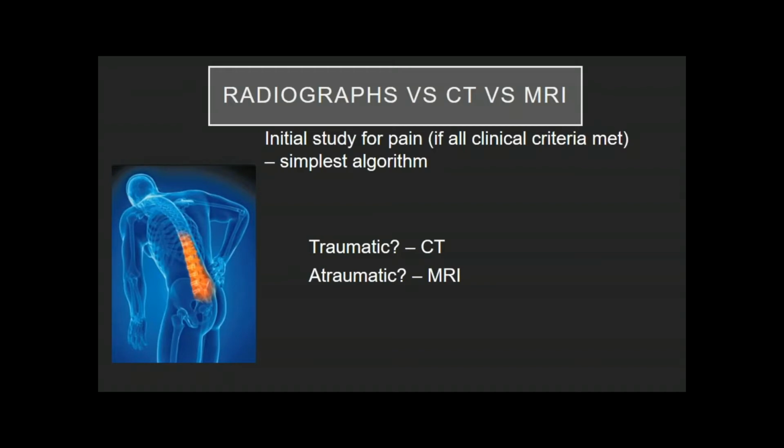If it was completely atraumatic and they're just developing low back pain and they meet the clinical criteria, and by that I mean usually greater than 6 weeks of chronic pain that does not respond to conservative therapy, and so on, in that case, you're going to get an MRI, because you're not thinking as much about fracture, you're thinking more about degeneration and a few other things that may be causing pain. So again, trauma, think CT. No trauma, and they meet clinical criteria, think about MRI.